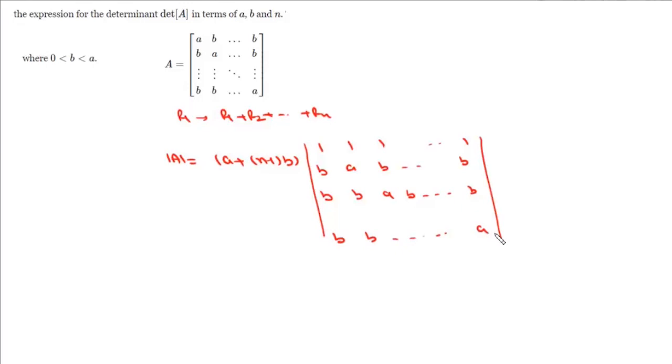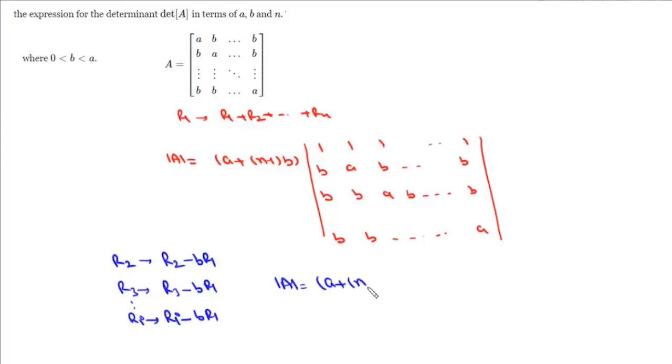Now what we'll do is we'll write R2 as R2 minus BR1, R3 as R3 minus BR1, any Ri as Ri minus BR1. Now we can write this determinant as A plus n minus 1 into B, and here will be 1, 1, 1, n times.